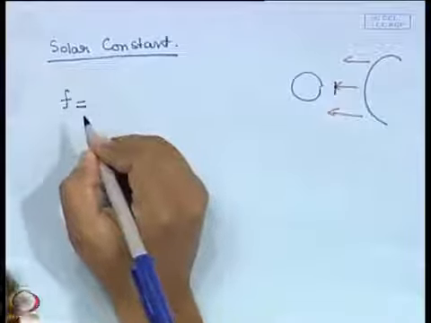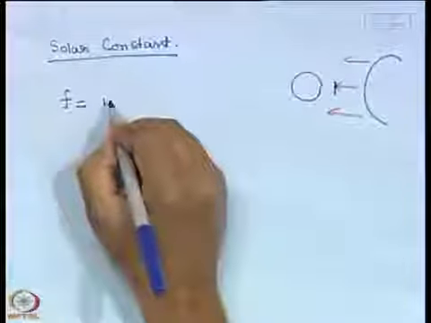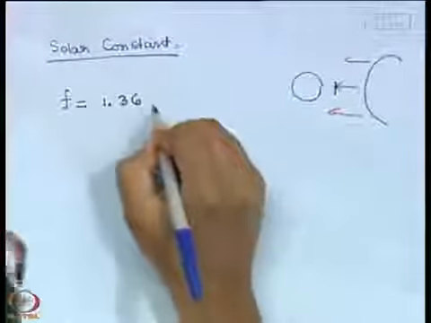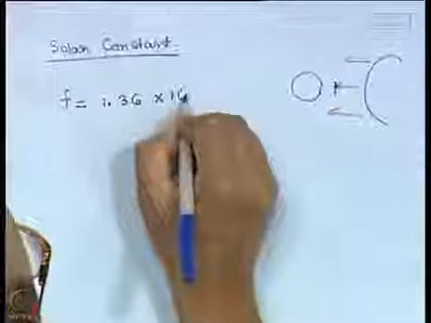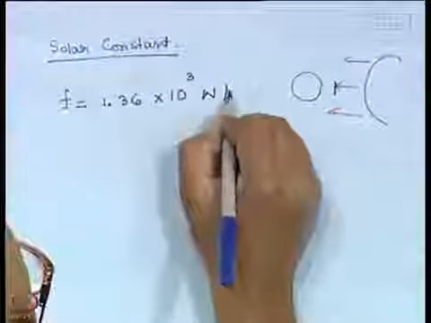So, the solar constant is the radiation measured outside the earth's atmosphere, and this has a value 1.36 into 10 to the power 3 watts per meter square.